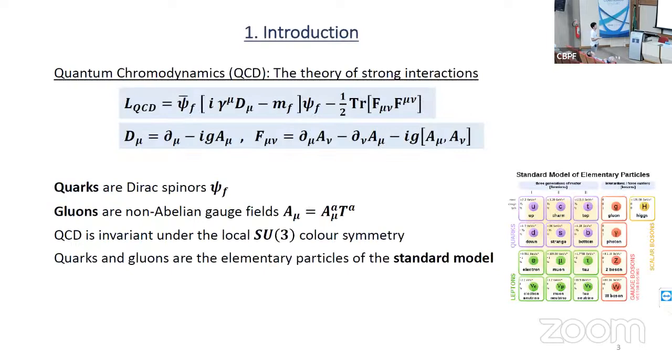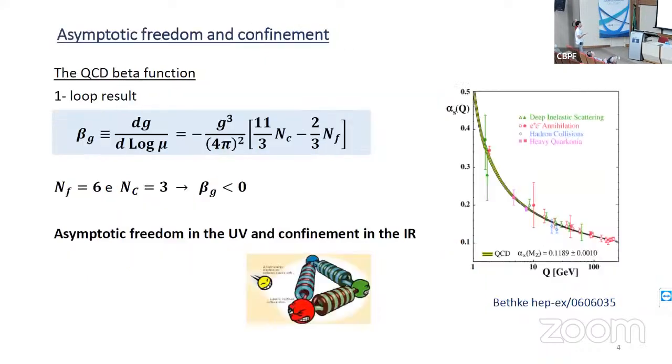I'll pass very fast through these slides. All of us, the people present here, want to solve this Lagrangian in the non-perturbative regime, and we love this theory, but we know that it is very hard to solve.